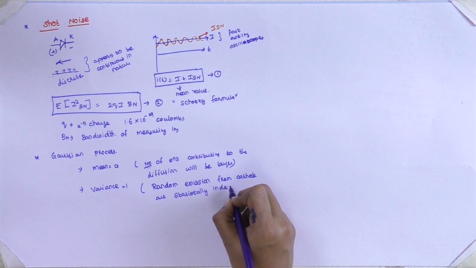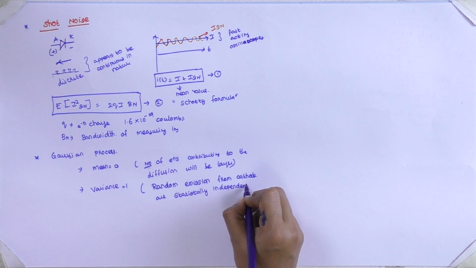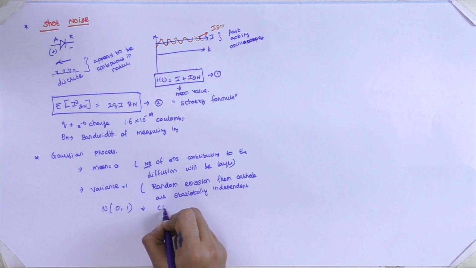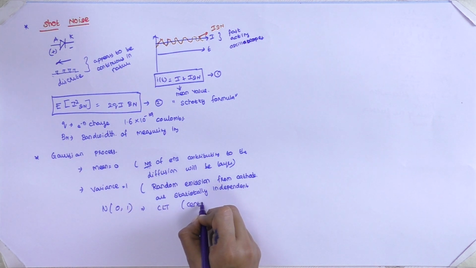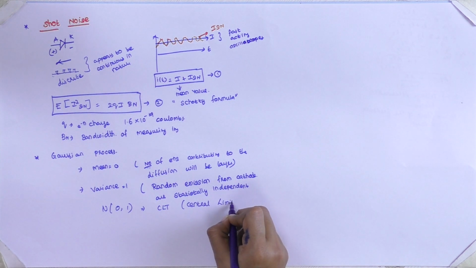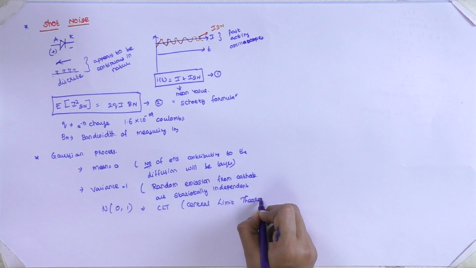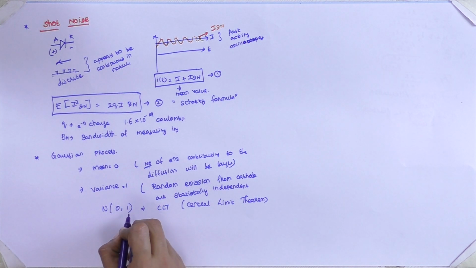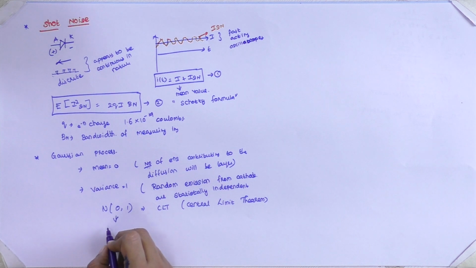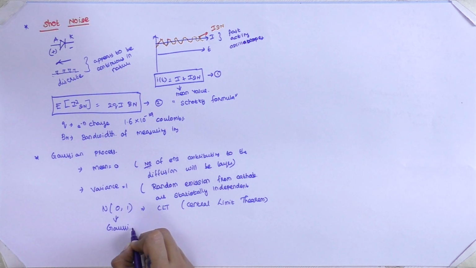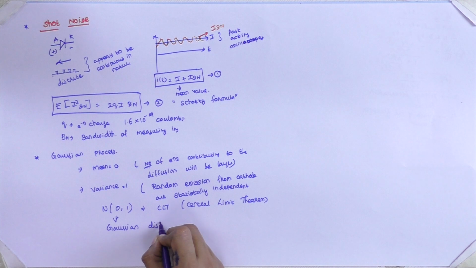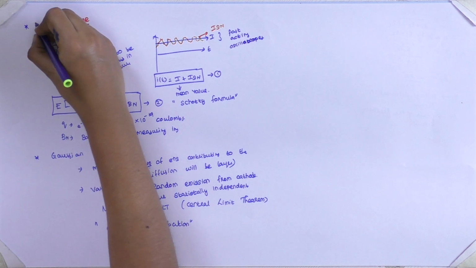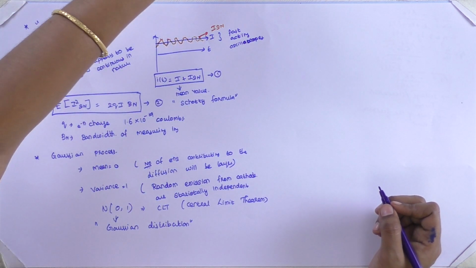We know that by the central limit theorem, CLT in short, if we have a mean equal to 0 and variance equal to 1, then this type of process can be indicated as Gaussian, following the Gaussian distribution. So, the Schottky noise model follows the Gaussian process.